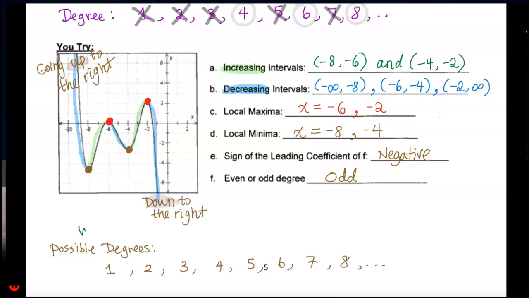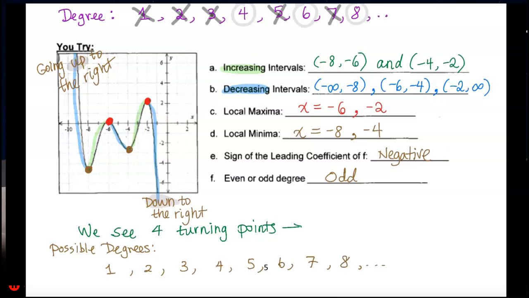Okay? We see 1, 2, 3, 4 turning points. 4 turning points. And turning points is just nothing more than whenever the graph switches direction. It was going down, but then poof, it went up, and then it goes back down. So anytime you have local maxima or local minima, those are your turning points.